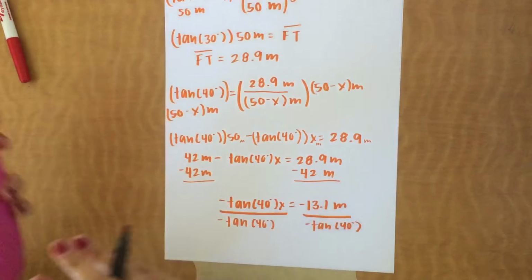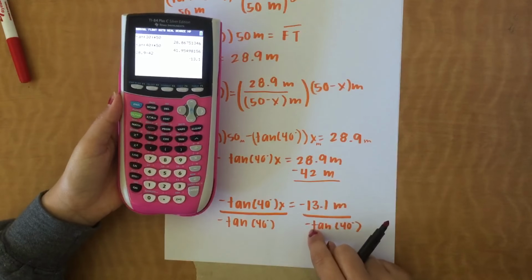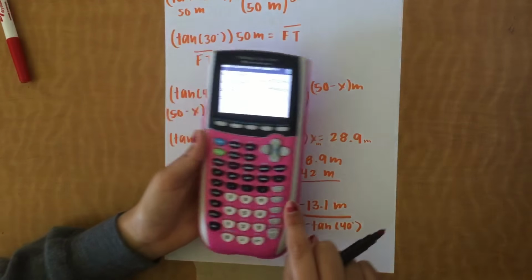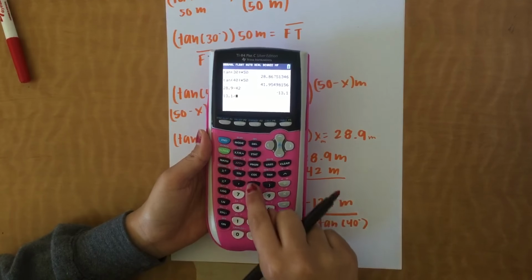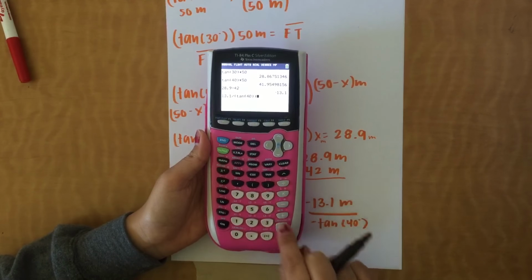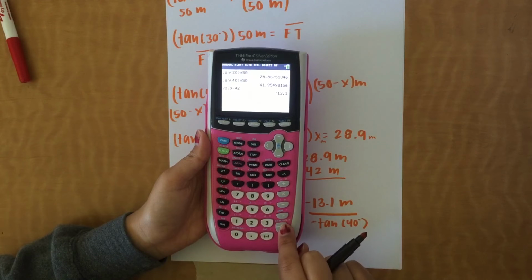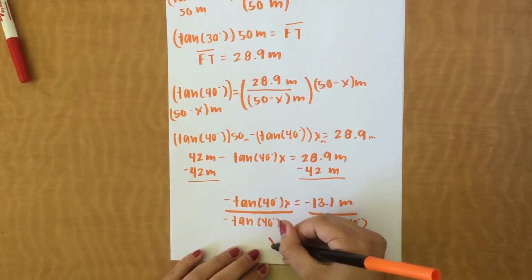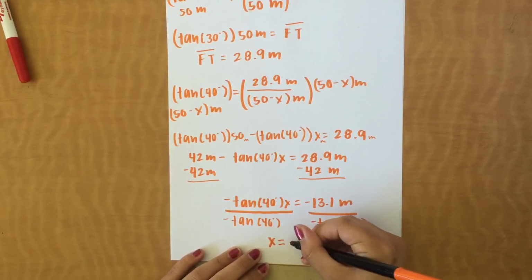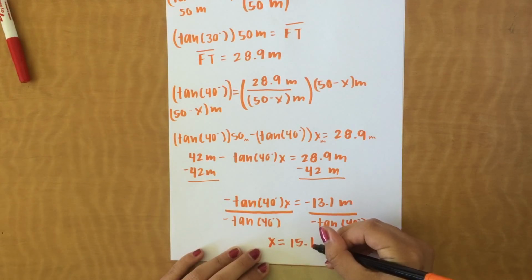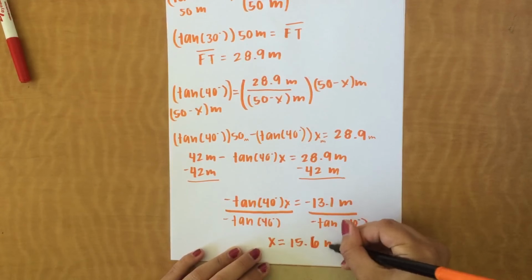This negative will cancel out. So I'll just put 13.1 divided by tangent of 40 degrees, which will get me X equals 15.6 meters.